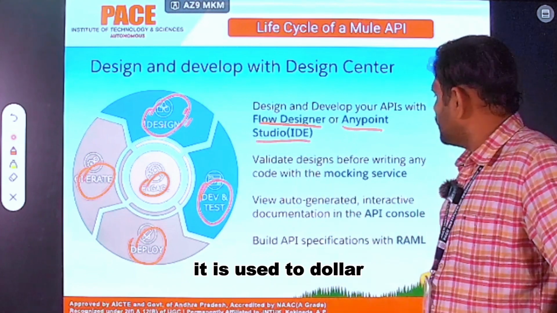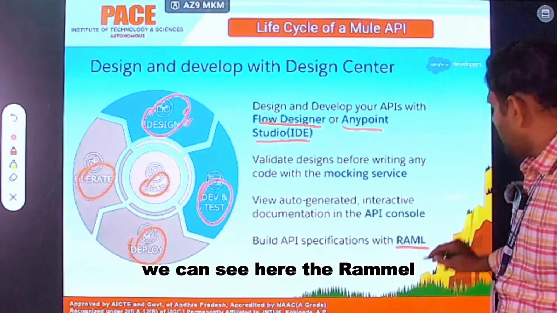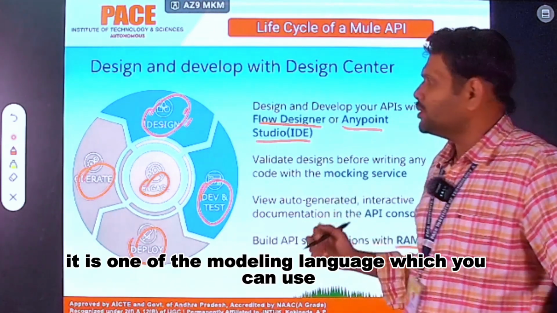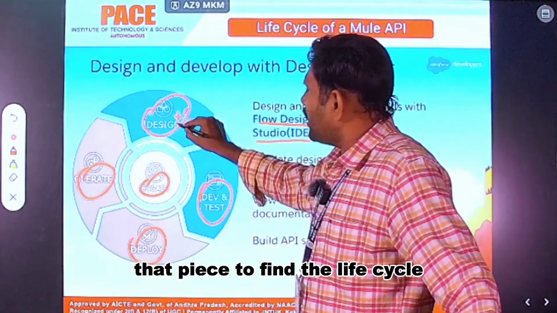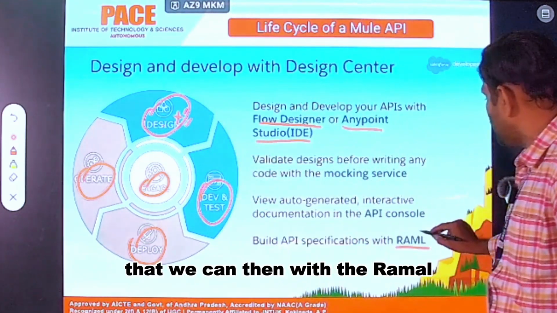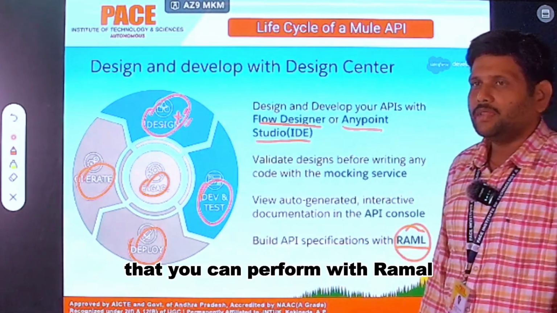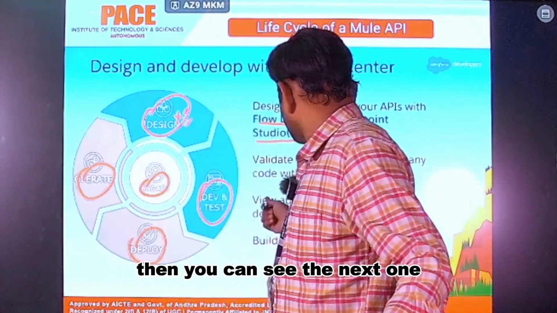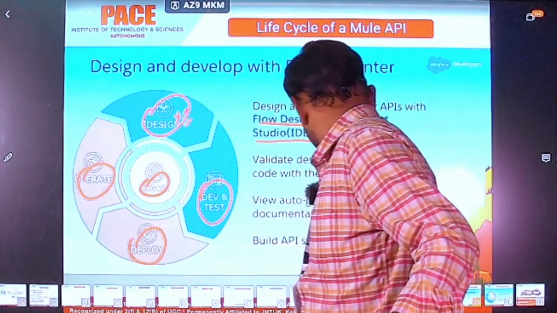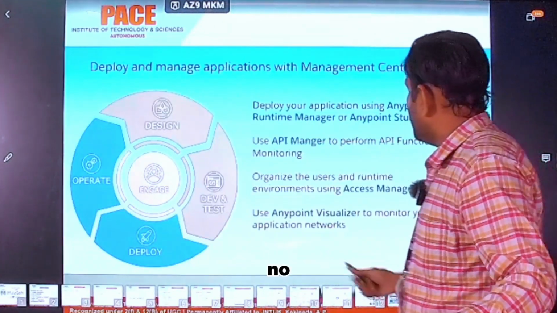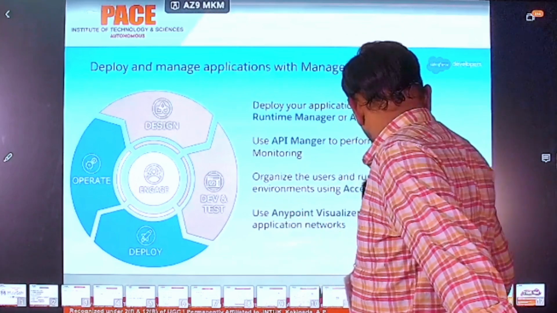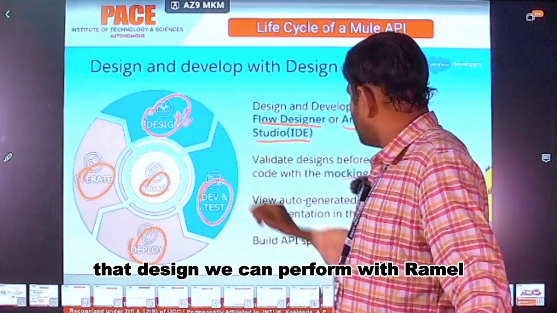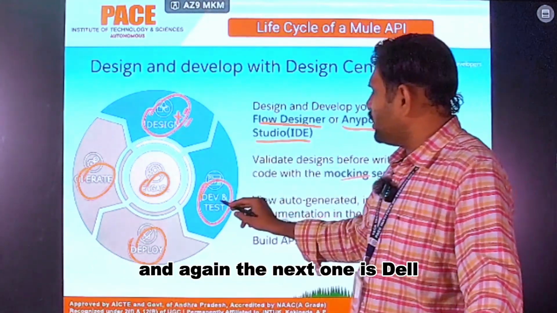Here it is used to develop, and we can see RAML, RESTful API Modeling Language. It is one of the modeling languages which you can use for design. That means in the life cycle, the first phase, design, you can perform with RAML. And for development also, the design we can perform with RAML, and the next one is dev.